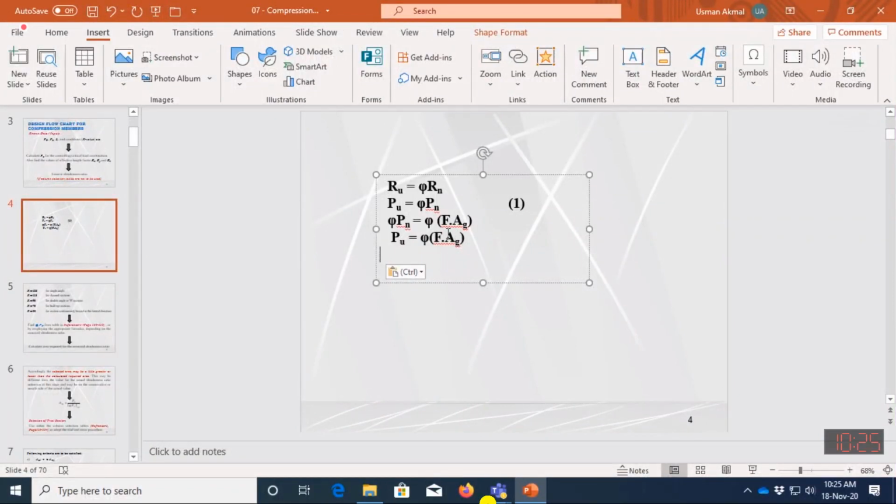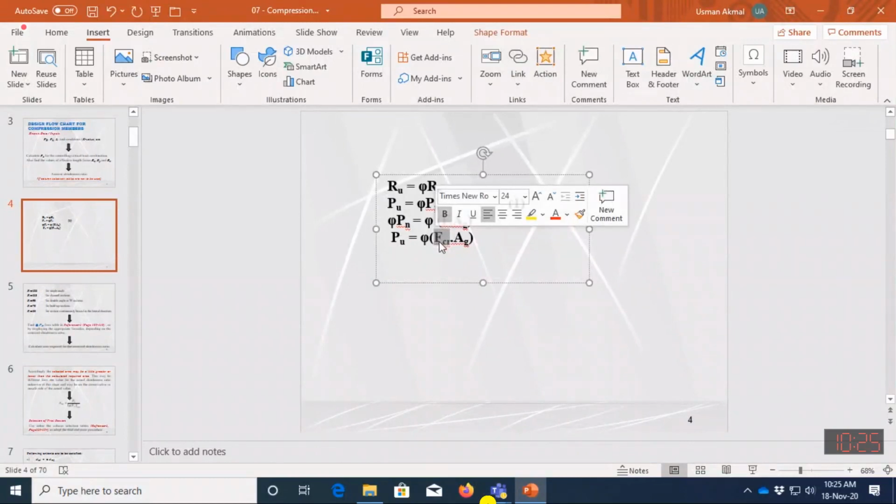So it means that instead of writing this F, I am supposed to write Fcr. This Fcr value is a critical stress at which the failure or buckling in the column will occur. So this Fcr value is always less than Fy. It may be 100 megapascal, it may be 150 megapascal, 200, but we do not know what this value is.